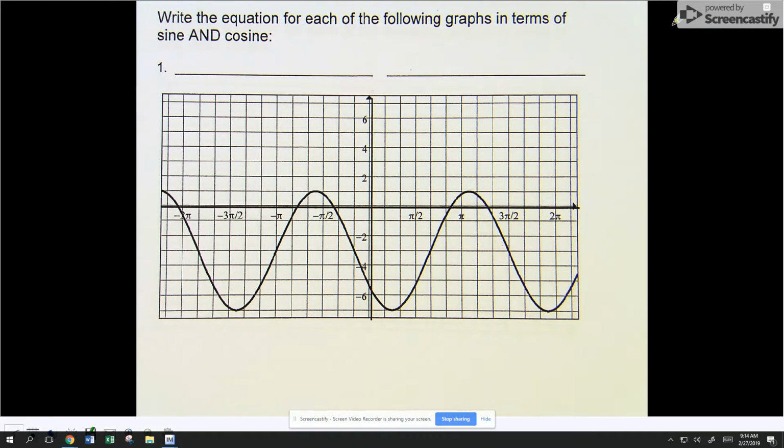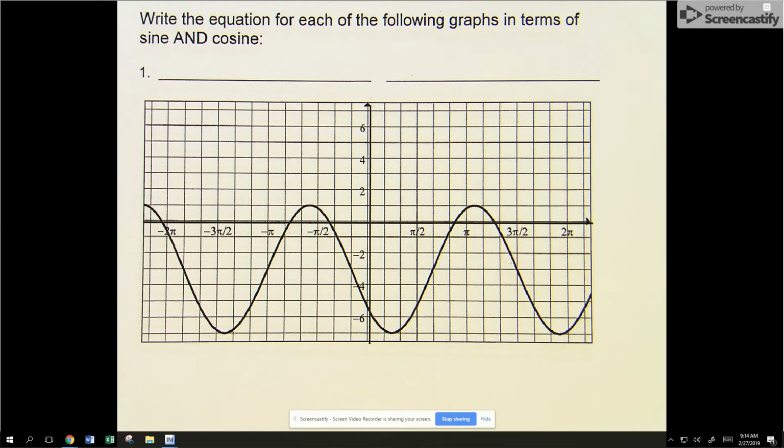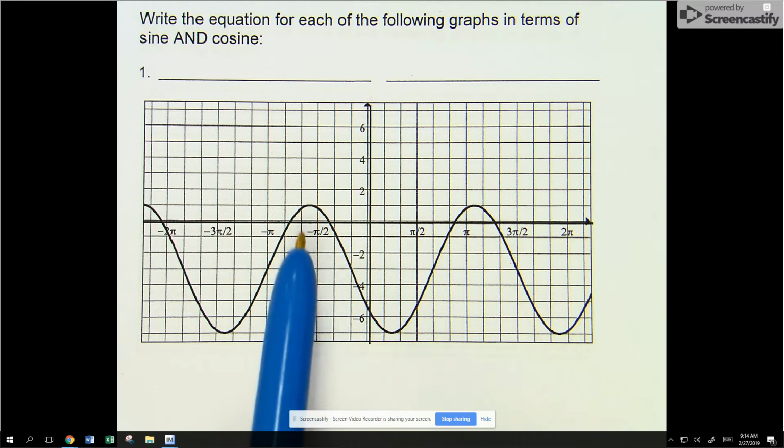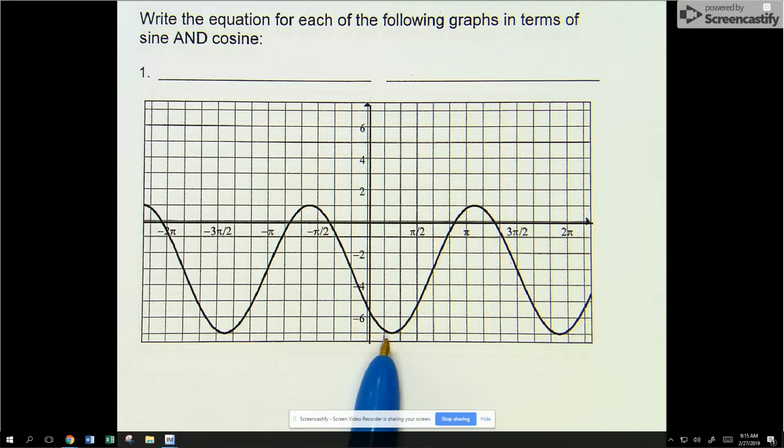All right, so we're going for a sine graph. The first thing we need to do is identify where our center line is going to be. The top is a 1. The bottom's at -7. So what does that mean the distance is from positive 1 to -7? 8.